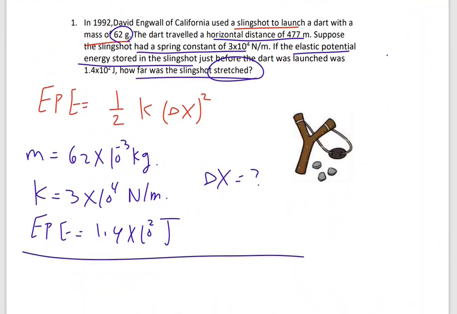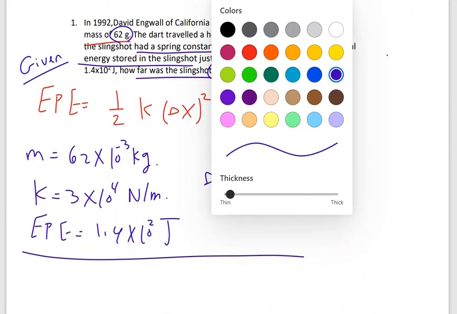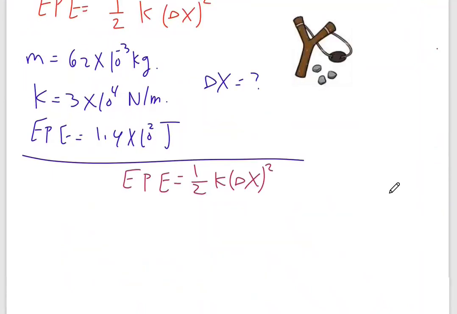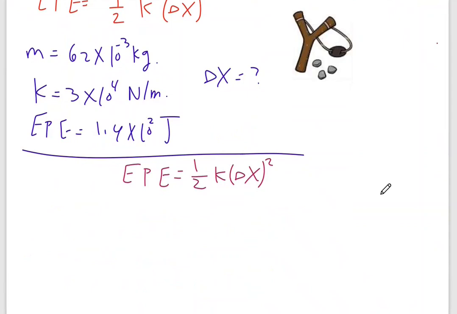After we wrote the givens, we need to check the units. Now all the units are consistent, all SI units. So the formula again: elastic potential energy equals half k delta x squared. Now substitute. Elastic potential energy is 1.4 times 10 to the power 2 equals half.